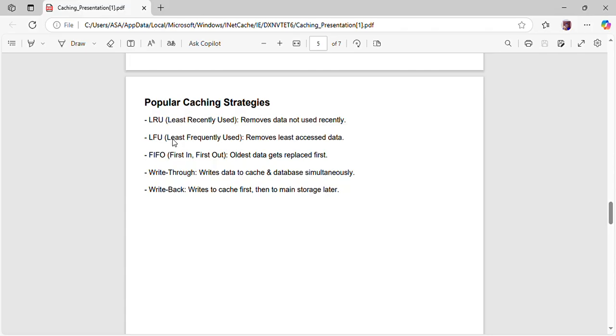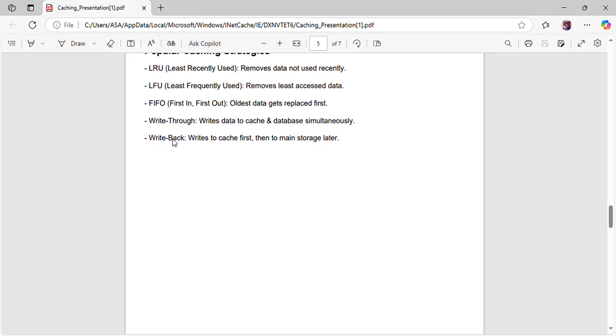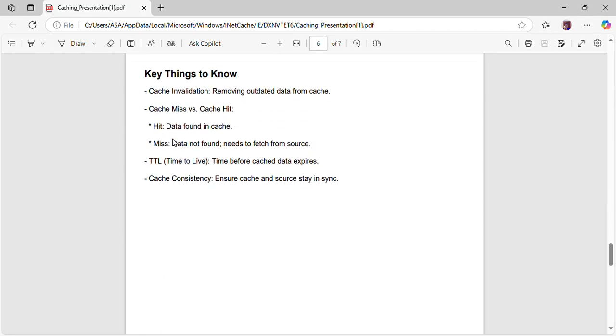We have first in first out, where the oldest data gets replaced first. And then we have write through, which writes data to the cache and database simultaneously.